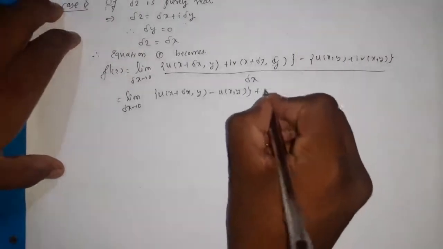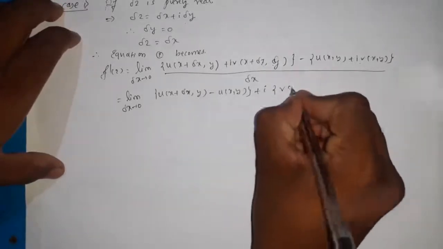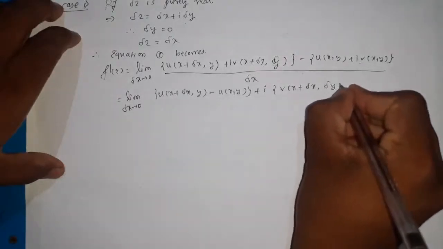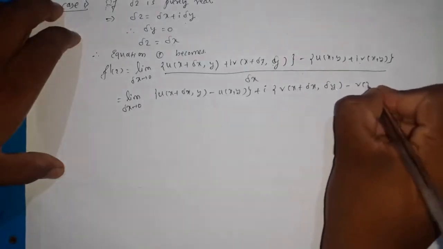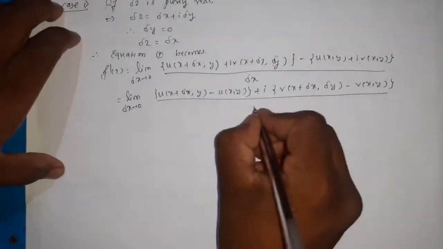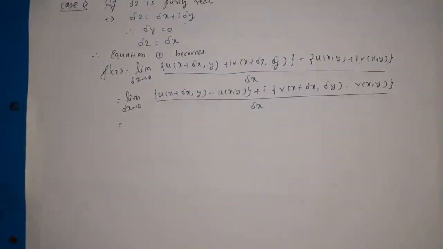So therefore that is I into v of x plus delta x comma delta y minus v of x comma y divided by delta x. Now let us apply the limit separately for real part and imaginary part.